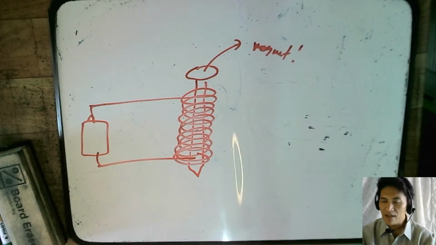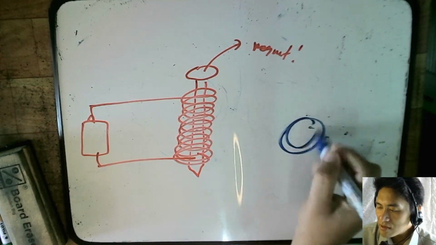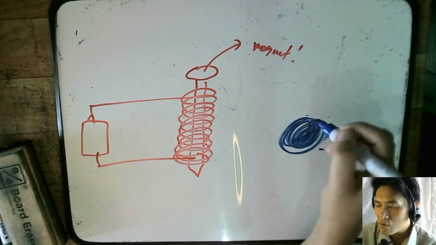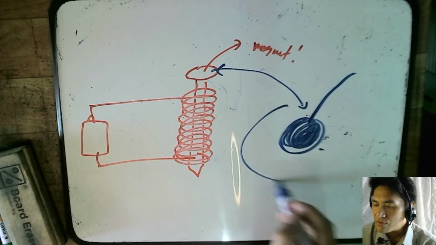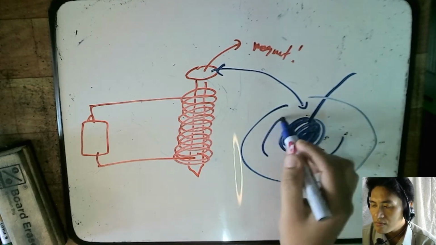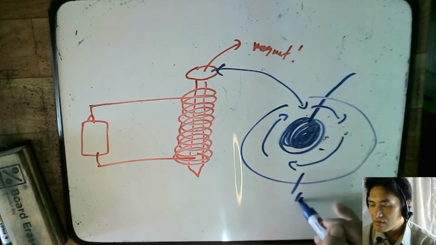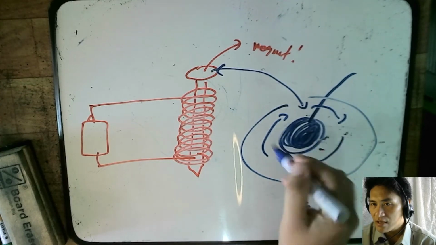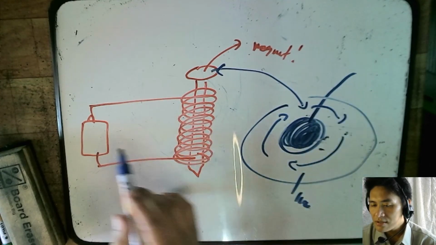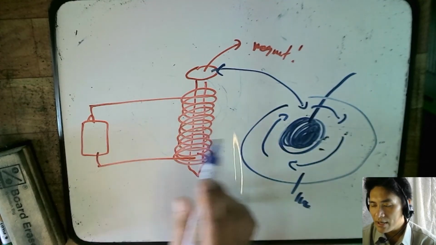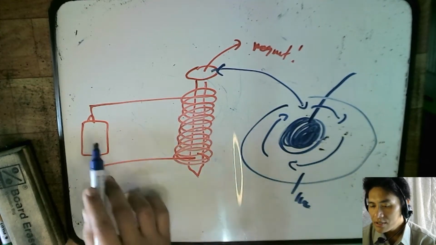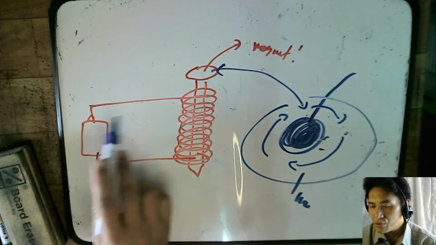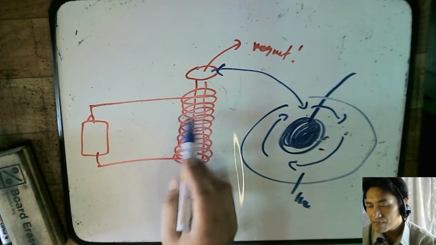So in the Earth, it's kind of the same. The center core, namely the inner core, is like this iron nail. And the outer core, which is liquid, is rotating, which is the equivalent of the electrons that are flowing in the wire. The battery pushes the electrons to flow around the iron.